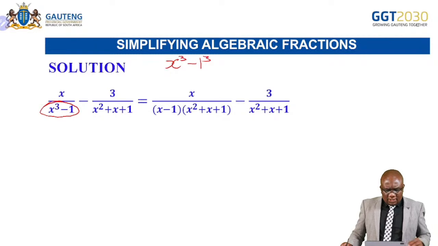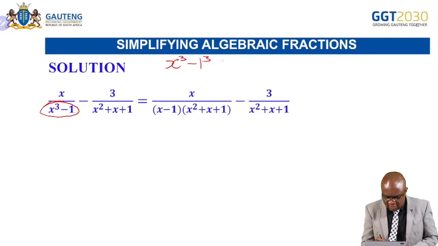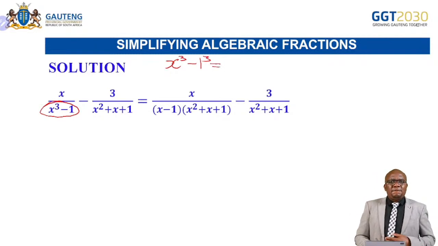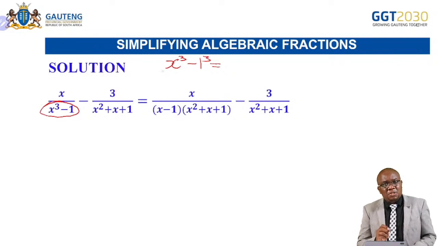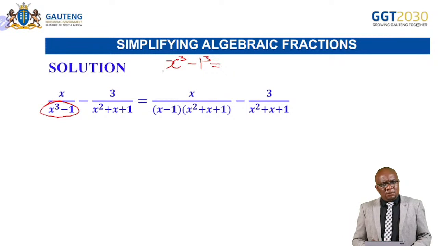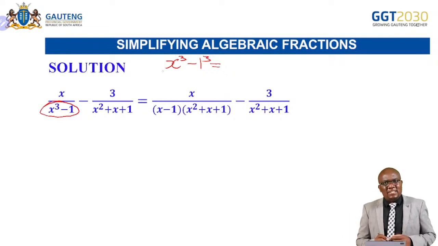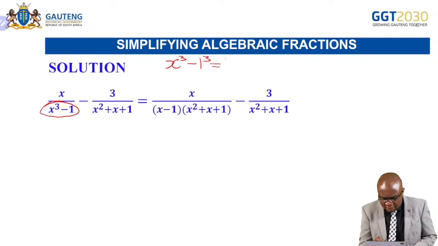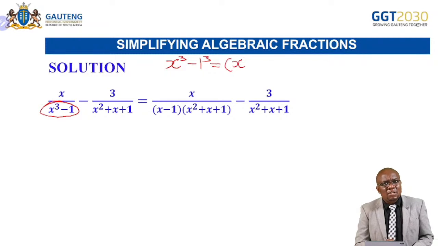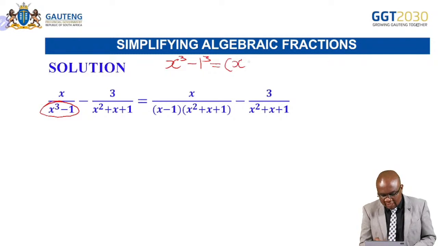Now this is the difference of 2 cubes. Let's factorize it together: cube root of x. Now you should know how to factorize the difference of 2 cubes. I know in the last lesson there were a lot of things, but now we're still revising it. Cube root of x cubed is x. Same sign.